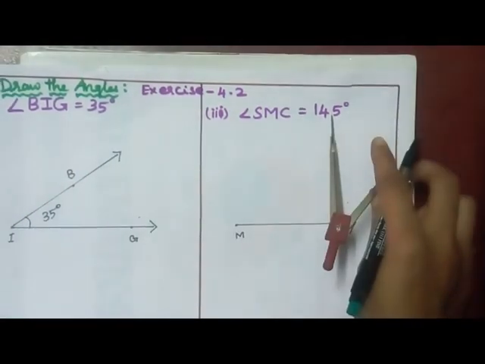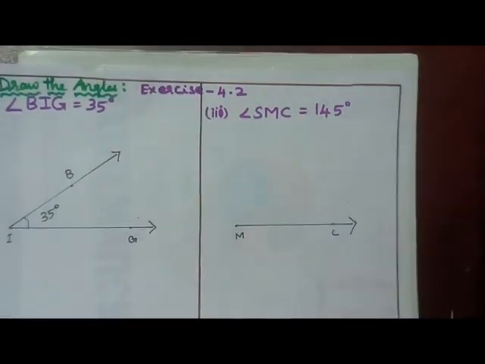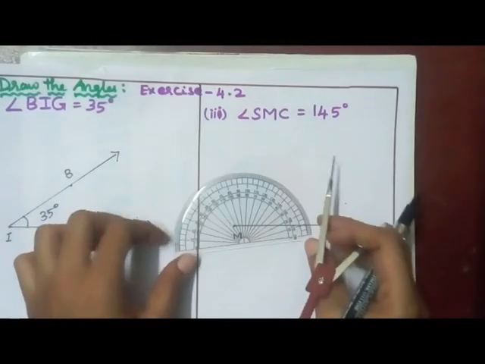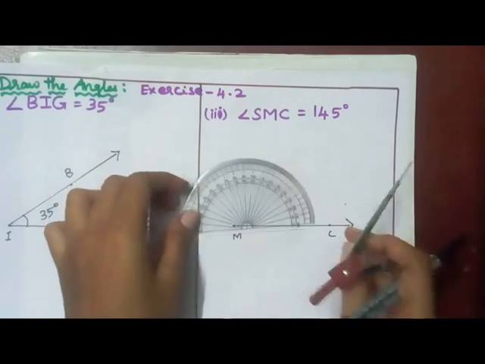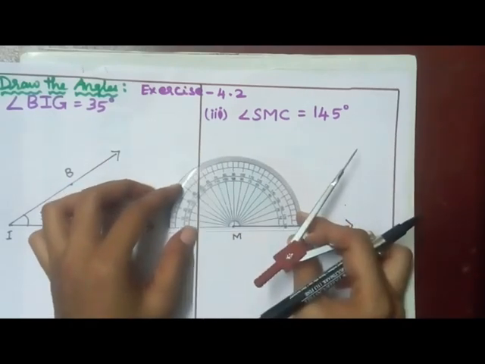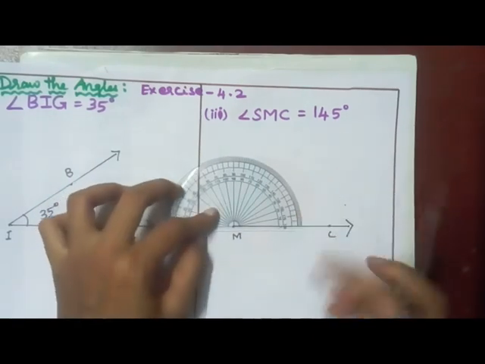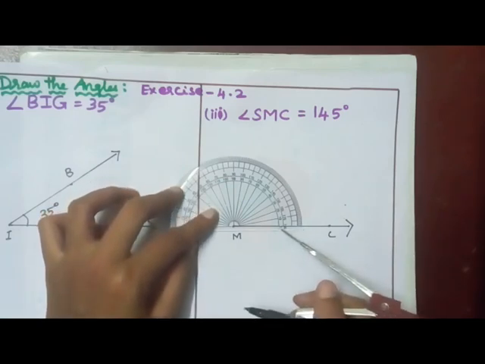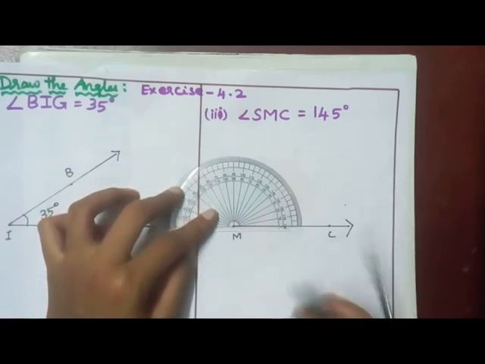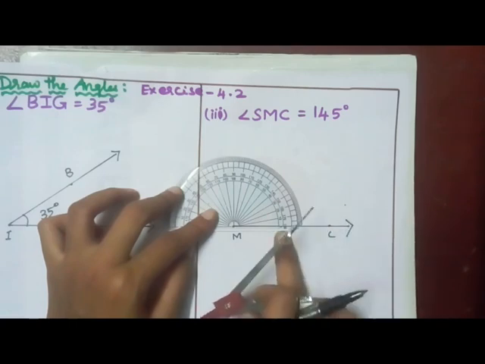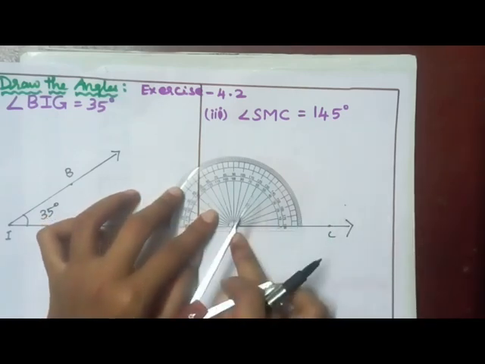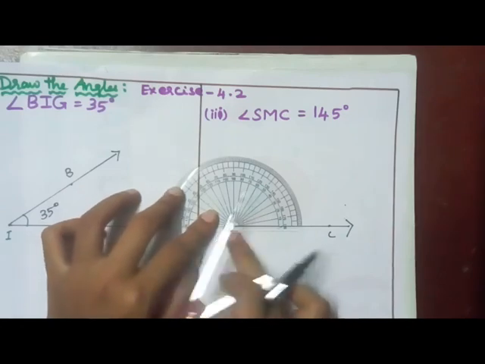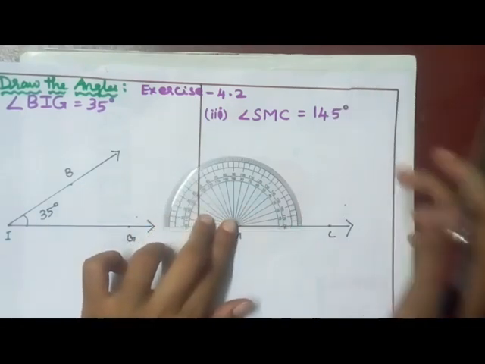What is the angle given? 145 degree. So take the protractor. Line up the base ray with the vertex line. Base ray is MC. Line up this with the protractor base vertex, and vertex is at M. So what is the angle? 145 degree.